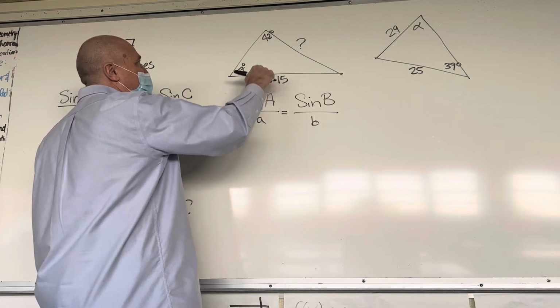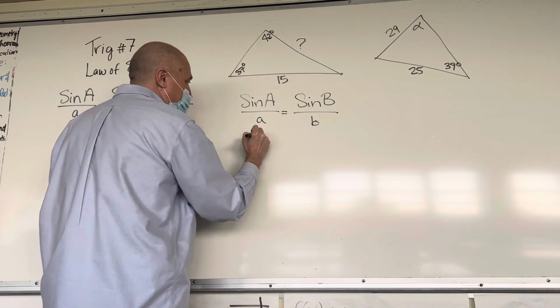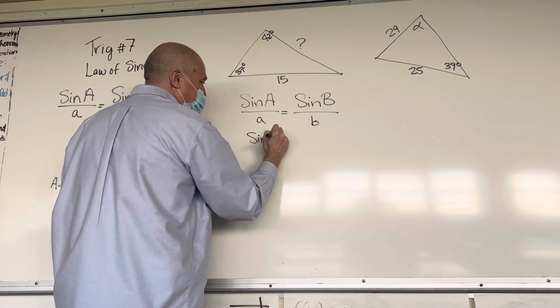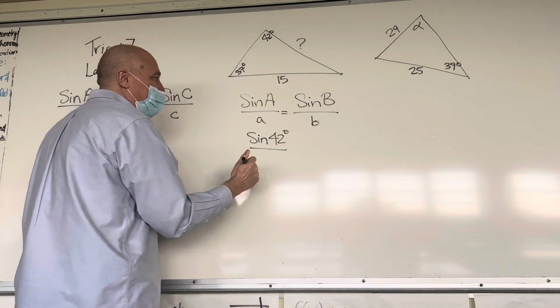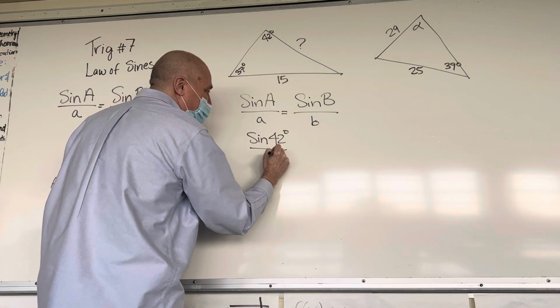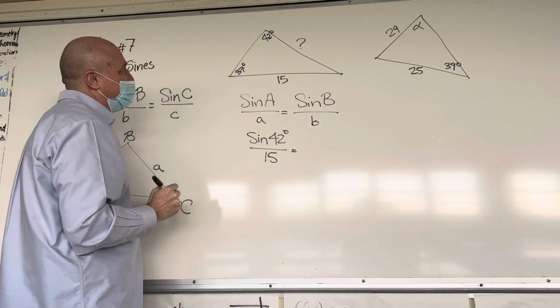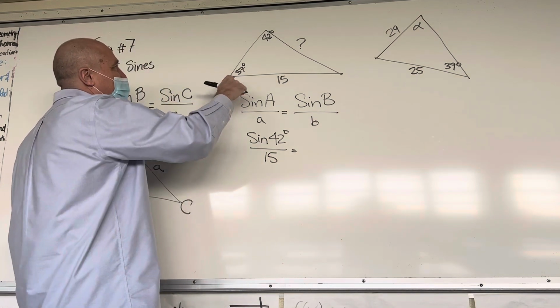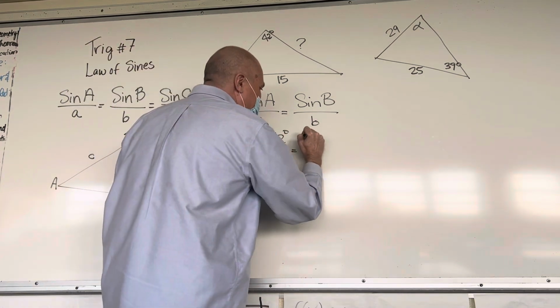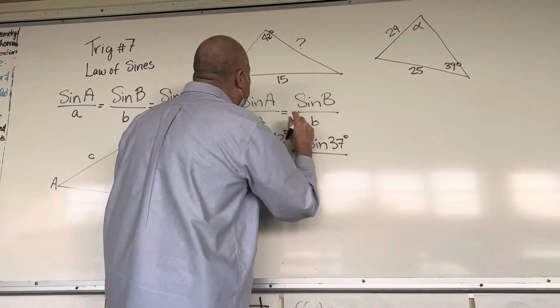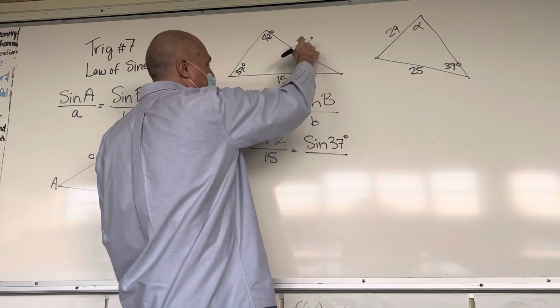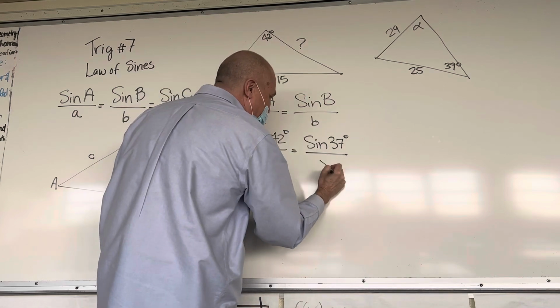So sine of 42 degrees is across from the side that's labeled 15. Likewise, the sine of 37 degrees is across from the unknown length, which we'll call x.